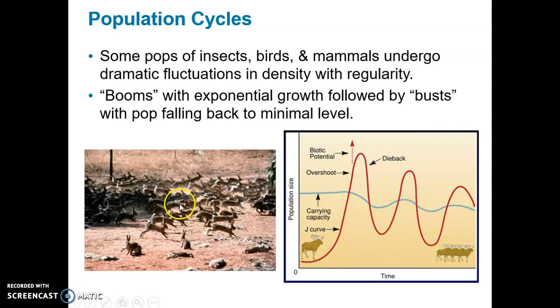This is seen often with organisms that reproduce rapidly, tend to be short-lived, or with organisms that live in places where they're associated with, say, severe winters. Populations increase in the spring and summer, and they die back in the fall and winter as food becomes limited in the winter, and then the harsh weather as well. Or organisms that are closely associated with predators, as we'll see in a few minutes here.